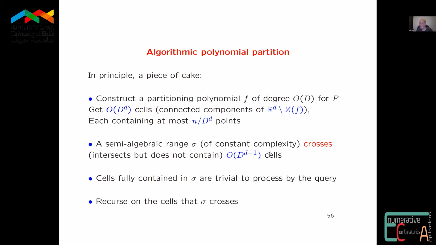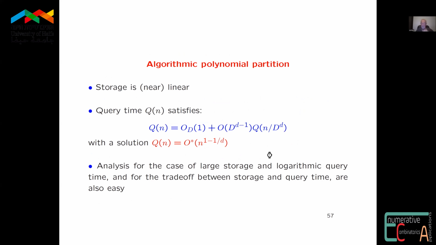Cells that are disjoint, we ignore, and cells that are crossed, we process recursively. And we get roughly, especially if you use d to be a constant, which is important here in the applications, a bound on the query which roughly looks like this: d to the d minus 1 recursive subproblems, each involving n to the d problem, and the solution is this, roughly.